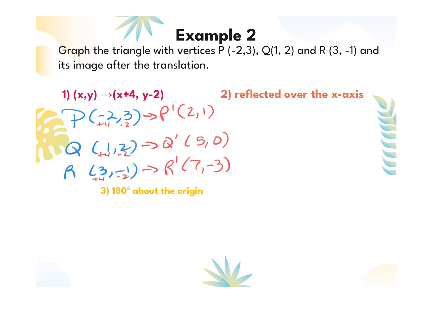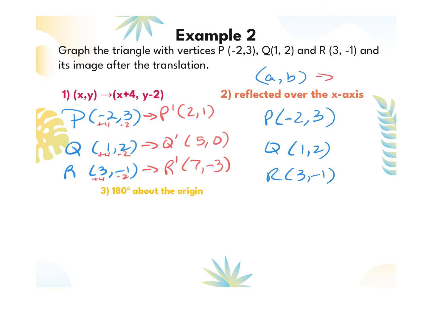So again, I'm going to write my originals again. P, negative 2, 3. Q, 1, 2. R, 3, negative 1. Now remember, whenever you reflect something across the x-axis, the original order pair, and then reflection across x, x stays the same, because that's what we're reflecting it across, and then the y goes opposite.